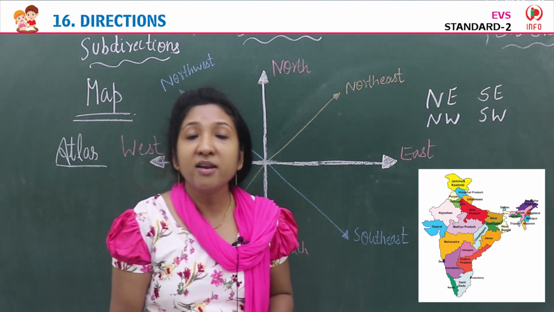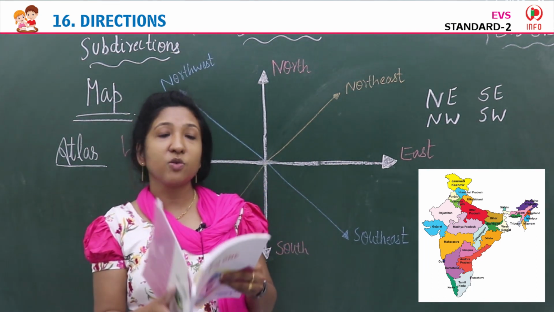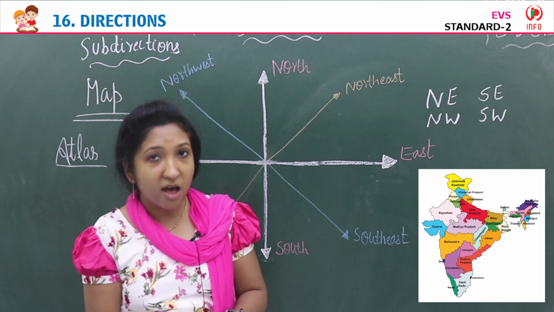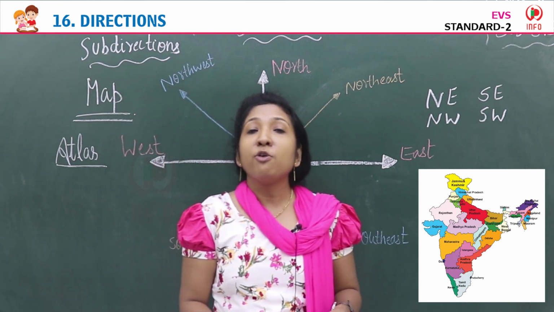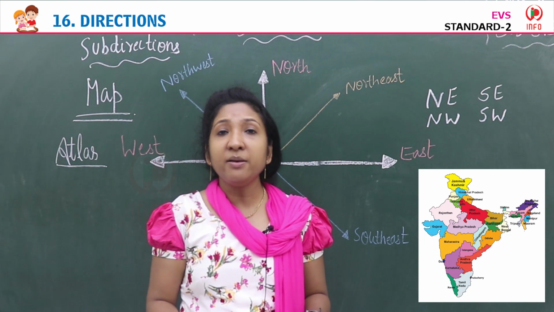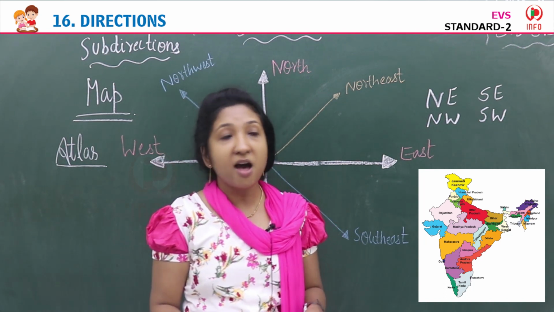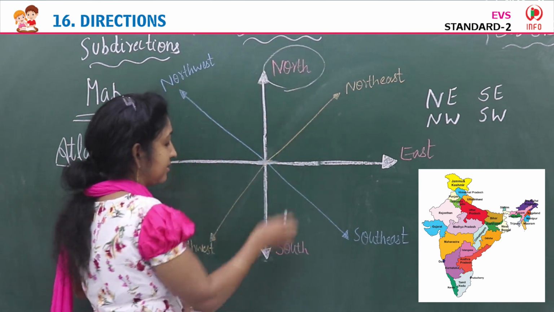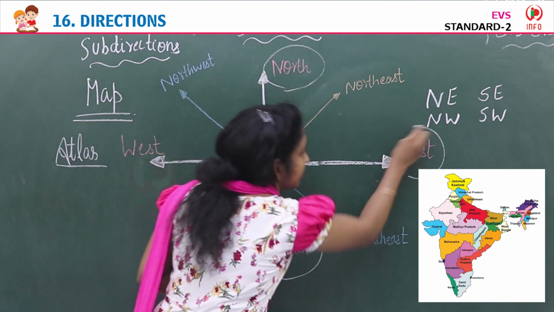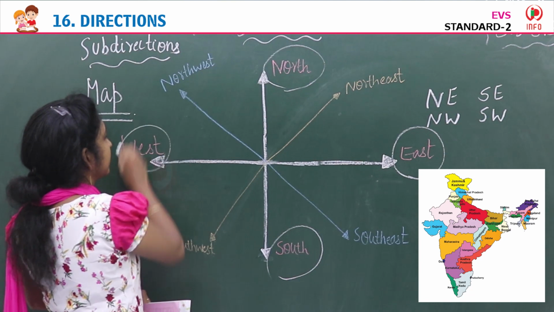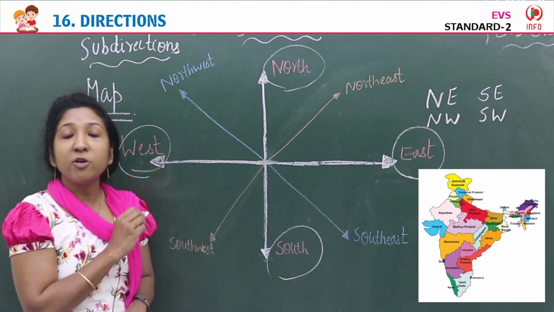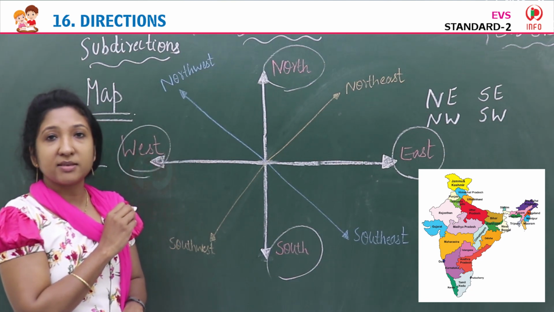So children, we are learning about directions. So we learned about directions now. Which are the four main directions, children? Yes. North, south, east and west. These are the four main directions.